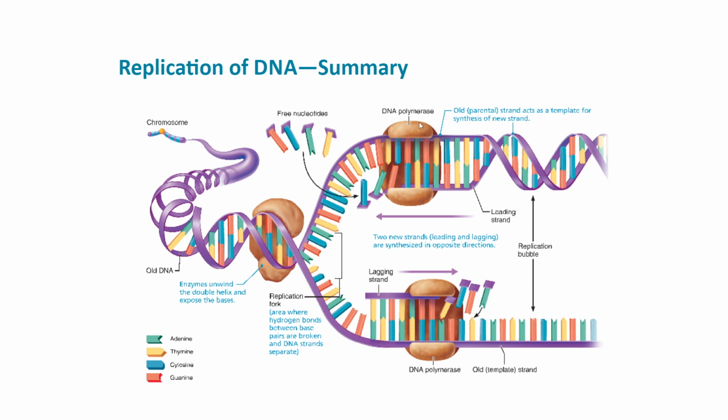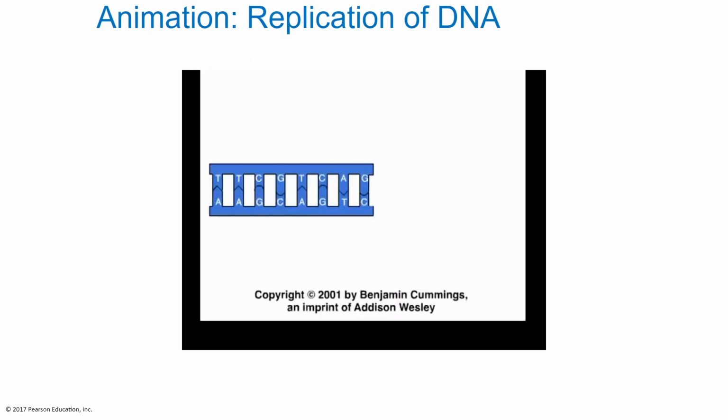DNA polymerase can only work in one direction, and because the strands of DNA are anti-parallel, it only is able to move in one direction on the leading strand. On the leading strand, DNA polymerase synthesizes a new piece of DNA continuously. On the lagging strand, it'll synthesize little pieces of DNA, and that's eventually glued together with DNA ligase.